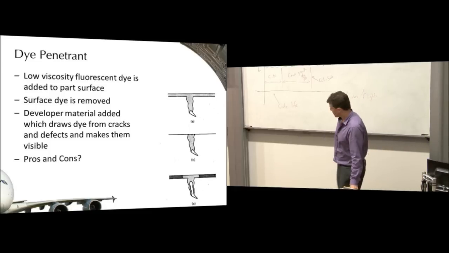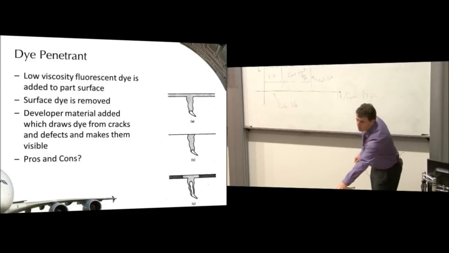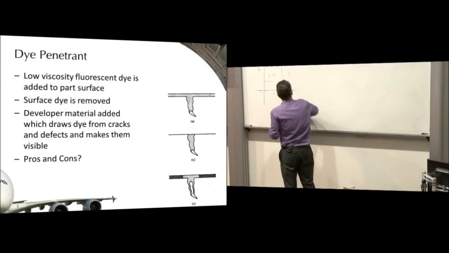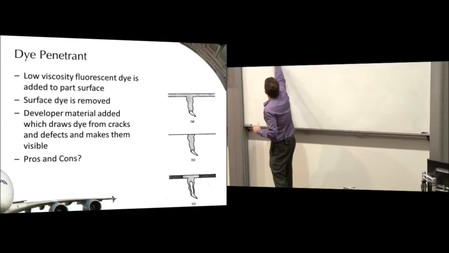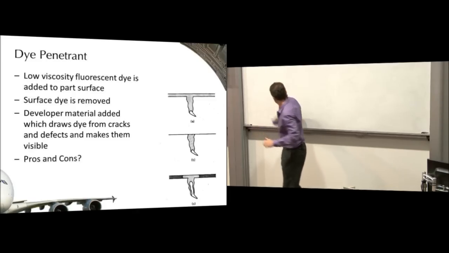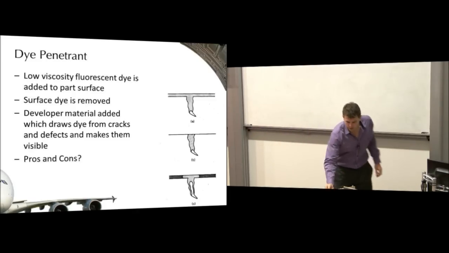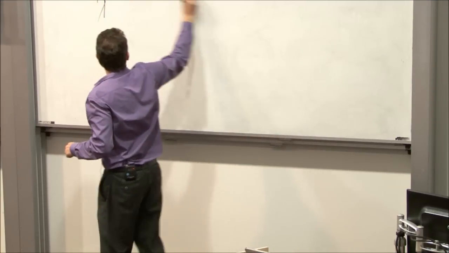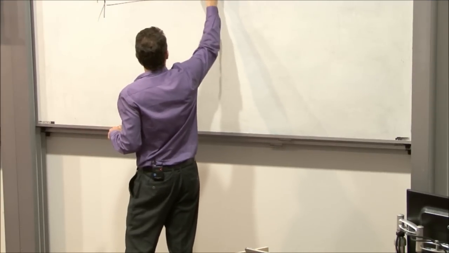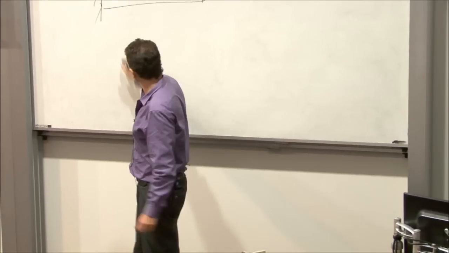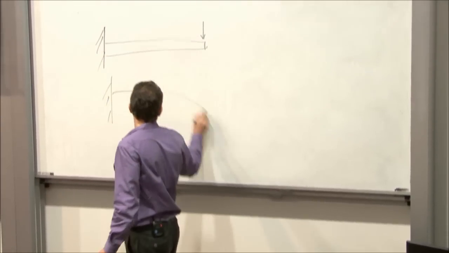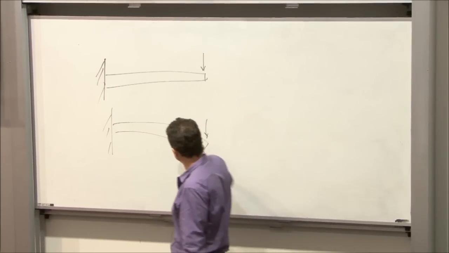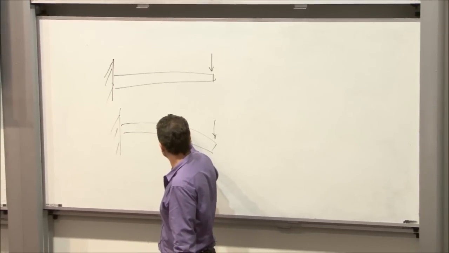So generally, if you get a piece of metal, if we look at something like a bar that's been bent, when it cracks, it generally cracks under load. So there'll be a crack open up on the surface.